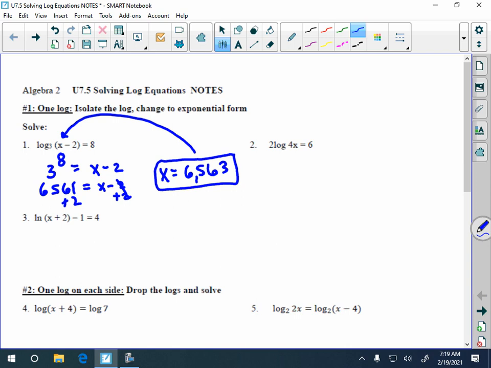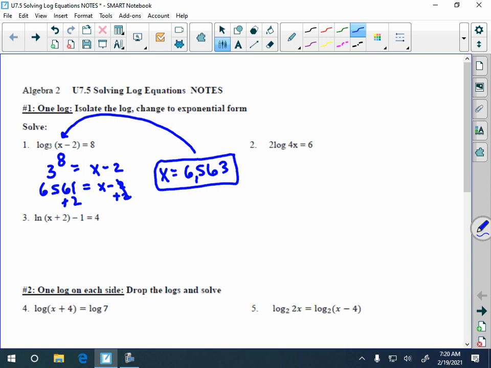If we put 6,563 in for x and subtract 2, we get 6,561. As long as it stays positive, we can use that answer. If it turned negative or went to 0, we couldn't use it, and we would have no solution.